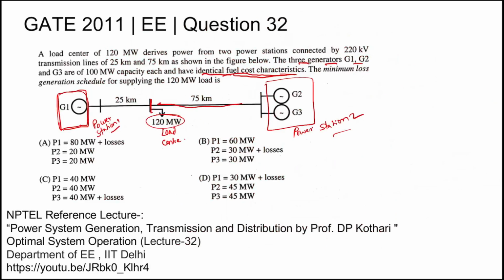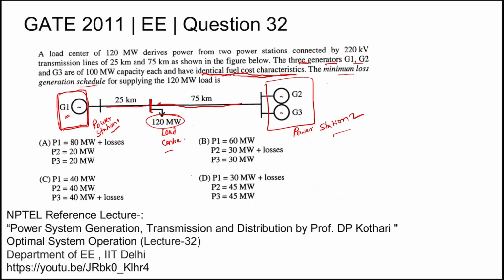So coming back to the options, you see the minimum loss generation schedule as proposed in options A, B, C, D. The generator nearest to the load is 25 kilometer away, generator 1. How much power should it generate? It should generate the maximum out of 120 megawatt, which is 80 megawatts, plus the losses it also has to supply while flowing through this transmission line.